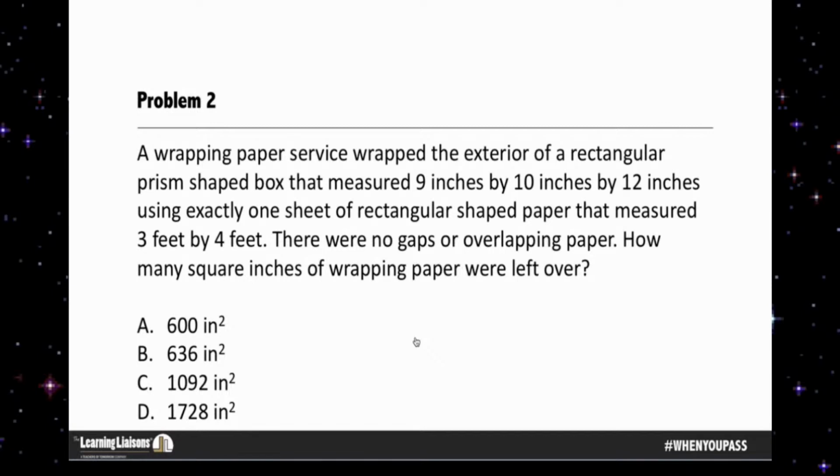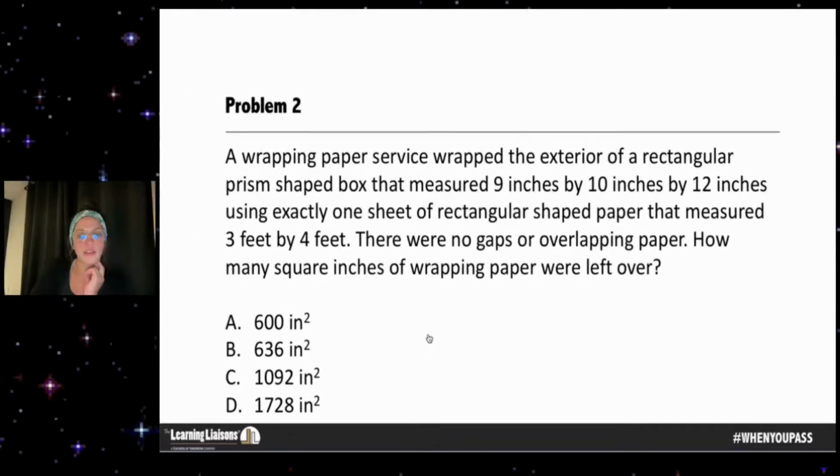There were no gaps or overlapping paper. How many square inches of wrapping paper were left over?